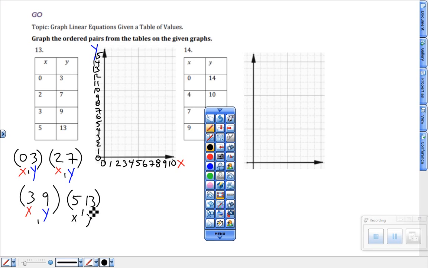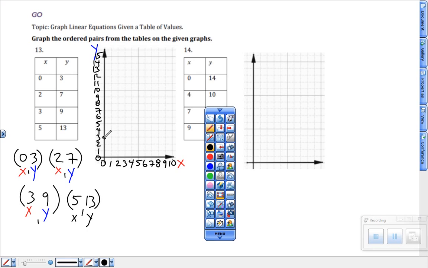And again, when you graph it, start at the middle. Let that x number tell you how far to go to the right. So I'm going 0, not going anywhere. The second number in that coordinate, 3, tells you how far to go up or down. So 0, 3, 0, and then go up 3. That's the coordinate 0 for x, up 3 for y.